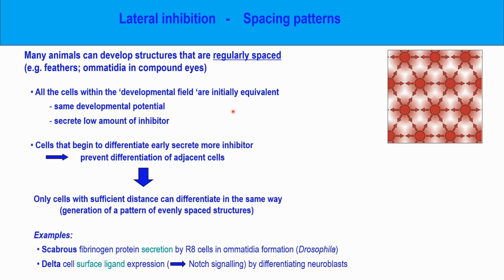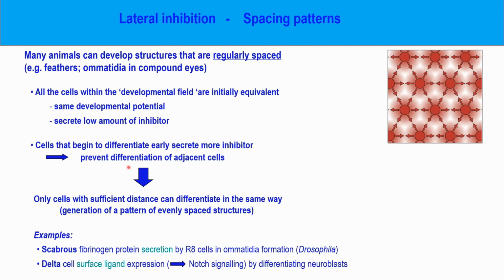If we just go through it quickly, all the cells within the developmental field are initially thought to be equivalent. They have the same developmental potential, but in general they secrete a low amount of inhibitor, whatever that inhibitor may be. The cells that begin to differentiate early secrete more inhibitor and prevent the differentiation of adjacent cells.